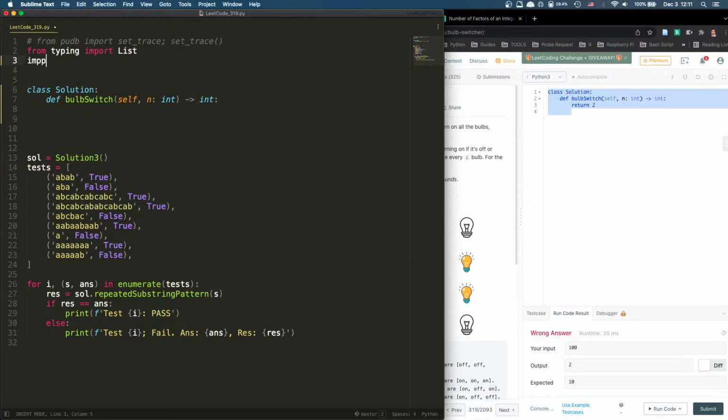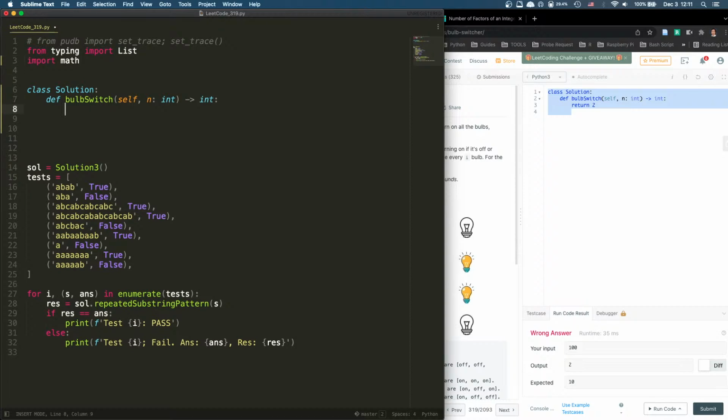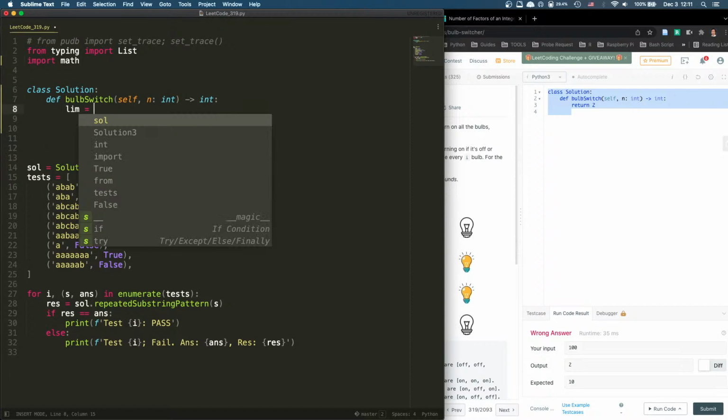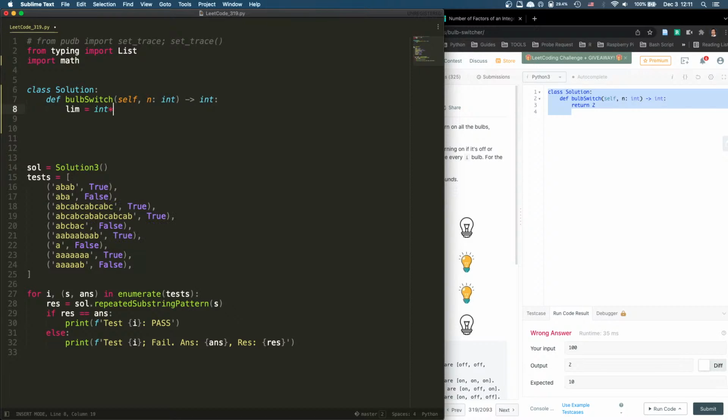So we say import math. So we need the upper limit. So lim equals int math.sqrt, and this is our limit, the maximum value we can hit. So to find the prime numbers, okay, so sqrt this.